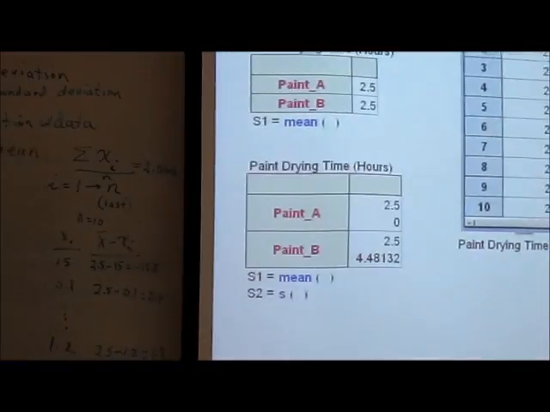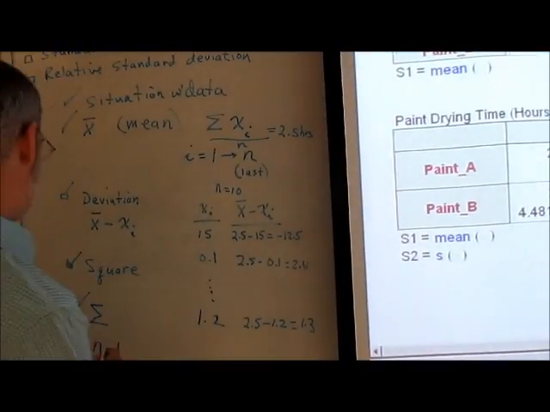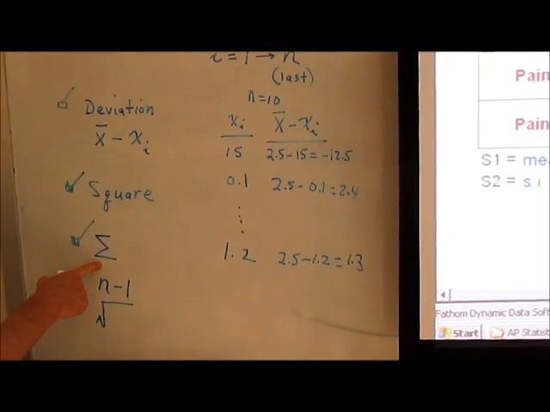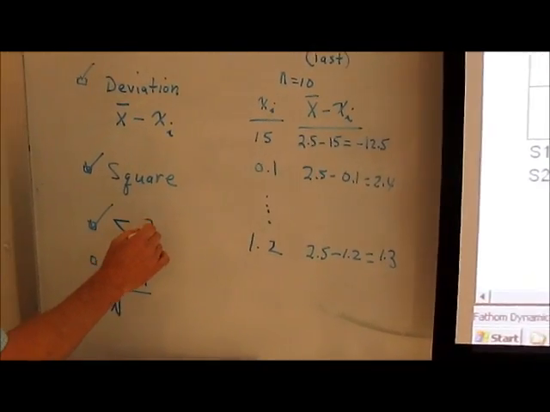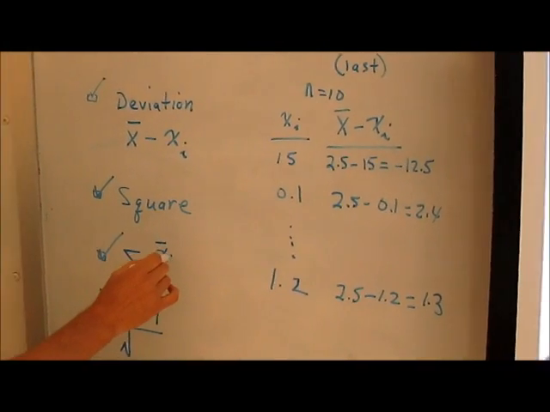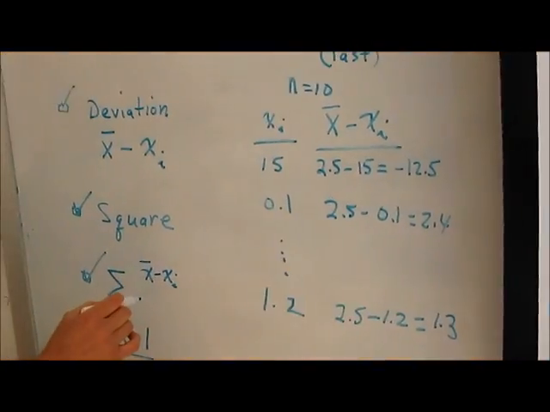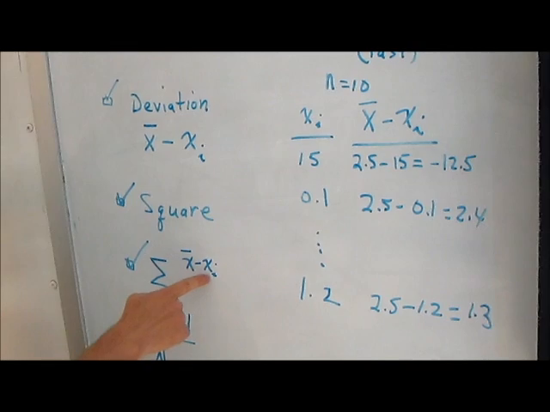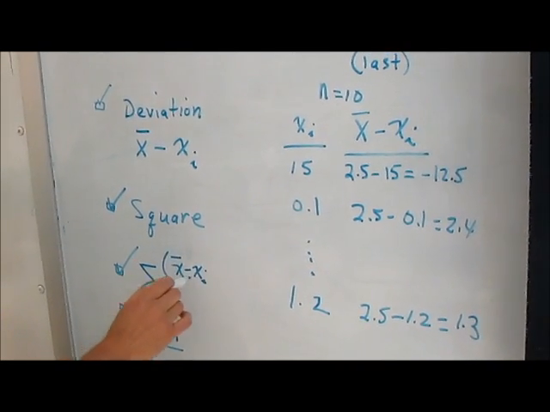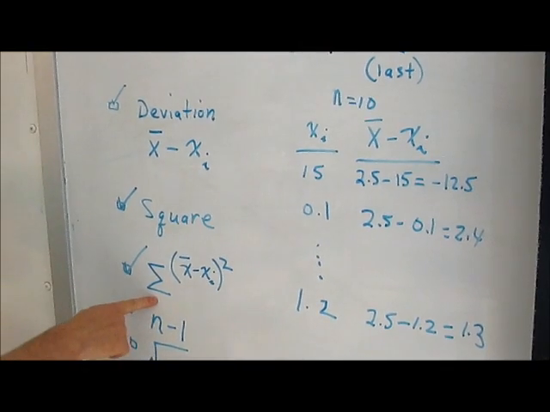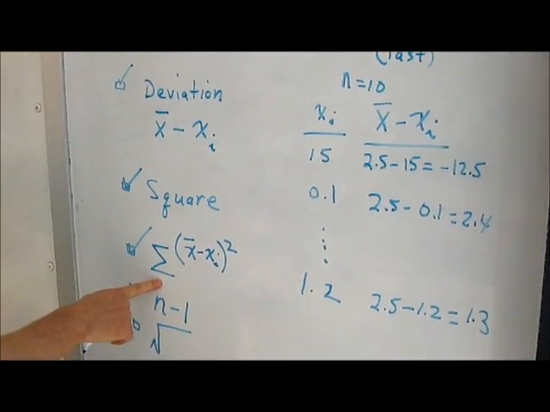Let me put on the summation sign for what we've done so far. We've said let's start with a mean. Let's subtract a data value from the mean for every data value. That's my X sub i's. Let's square the deviations. And then we're going to add up all those squared deviations.